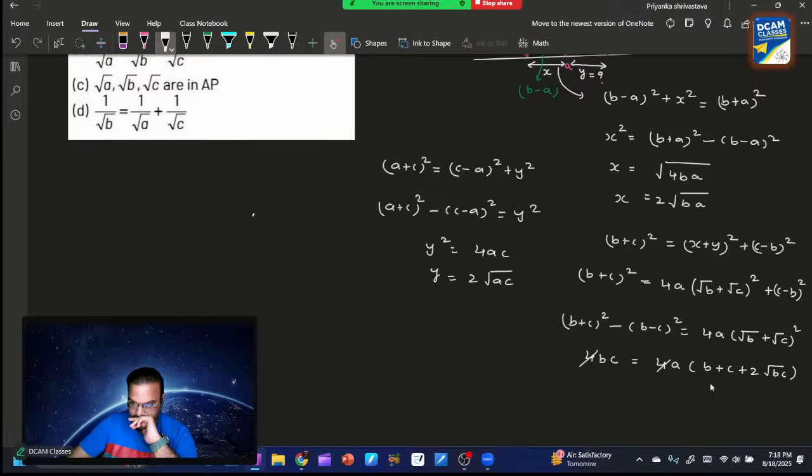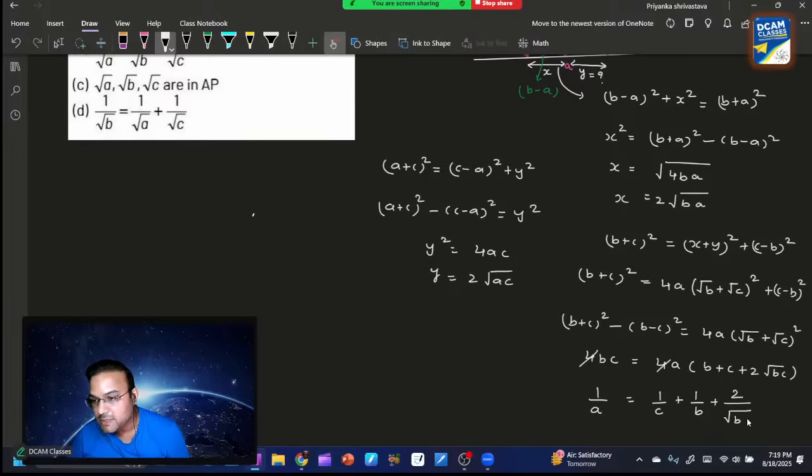Yes. So what do they want? 1 by A will come here. BC will be divided: 1 by C plus 1 by B plus 2 by root BC.